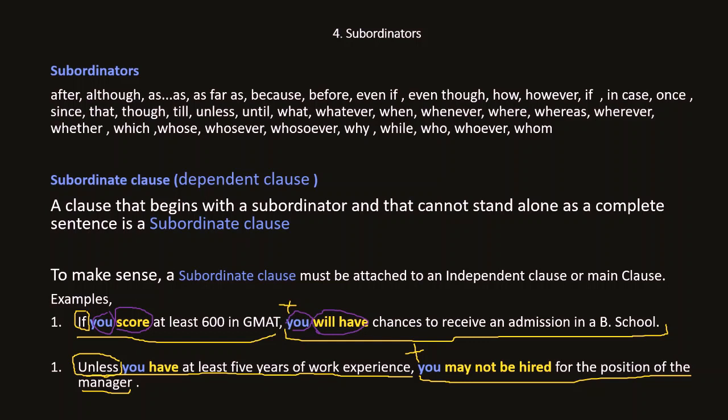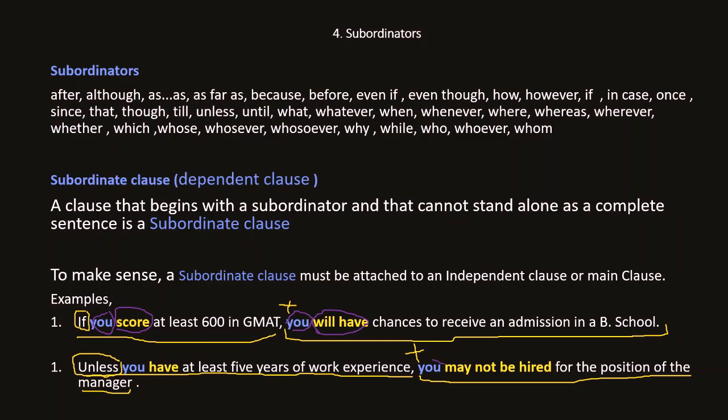Hence, after removing all the modifiers and the subordinating clauses, the sentence must make sense. In other words, after you ignore all the middlemen and the subordinate clauses, a subject and a verb must remain, and the subject with its verb must make sense.